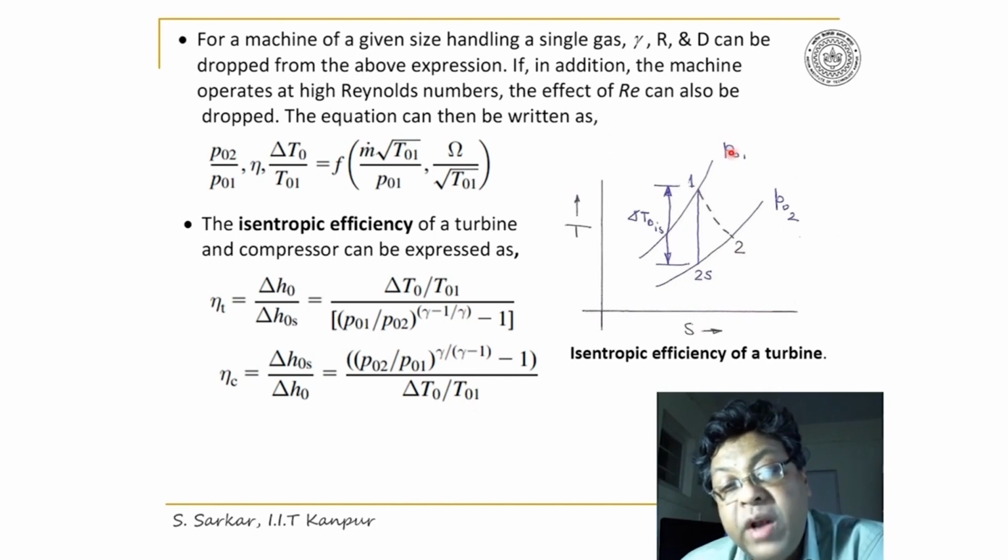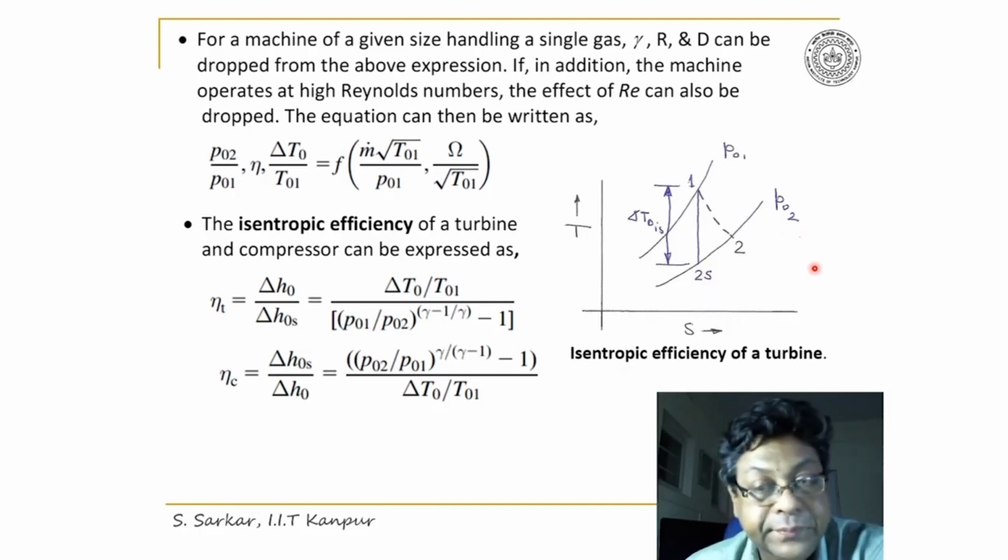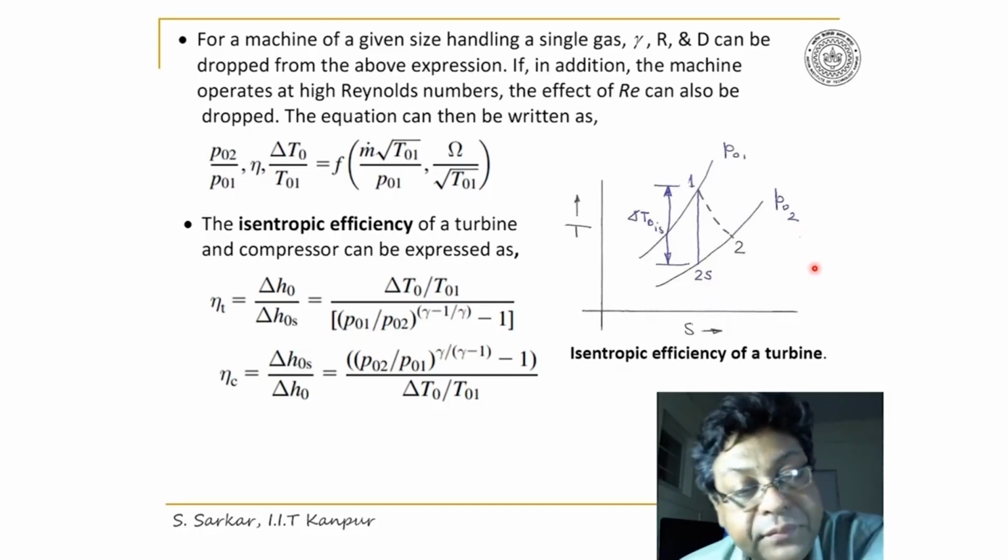P01 is the pressure at inlet and P02 is the pressure at exit, obviously total pressure.